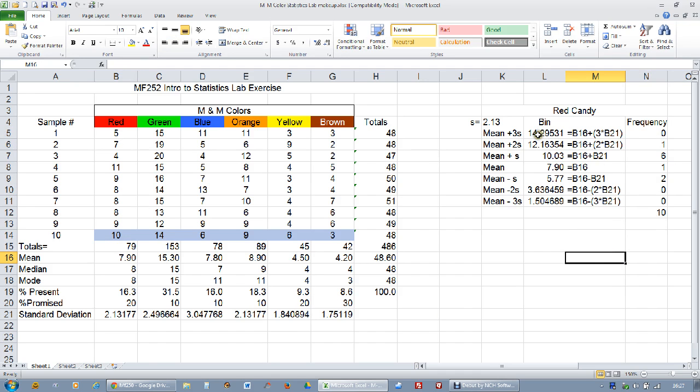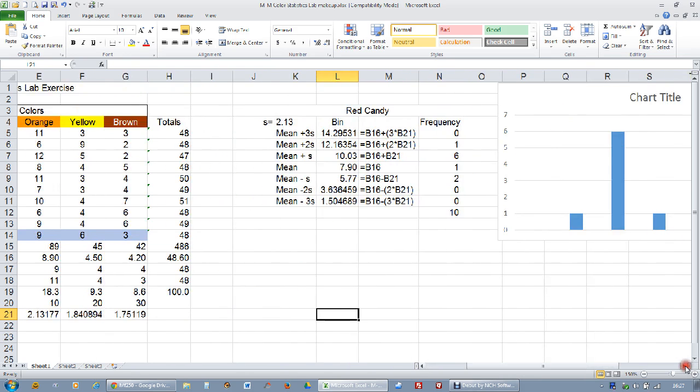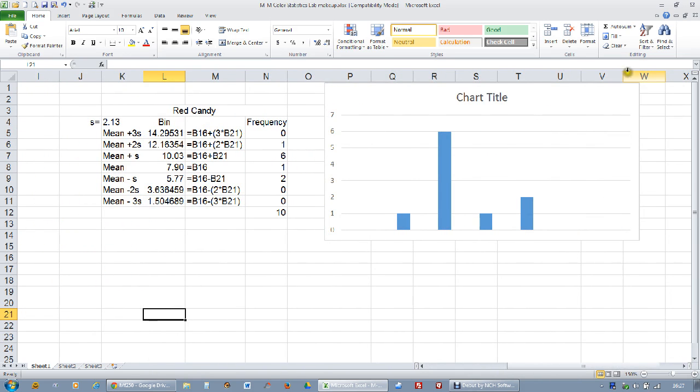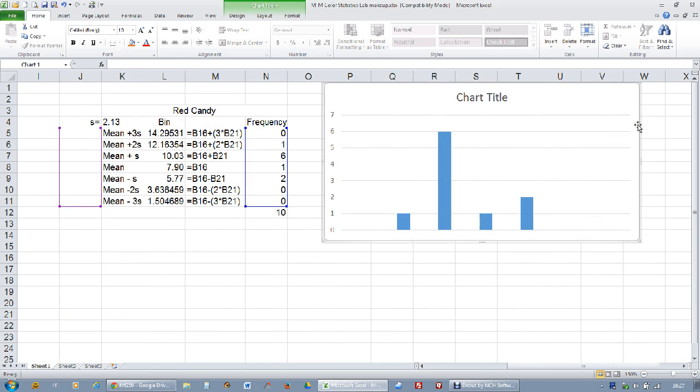So the bin is between these two numbers and the number of times it shows up in your samples. Once you've done that, you can create a bar chart.